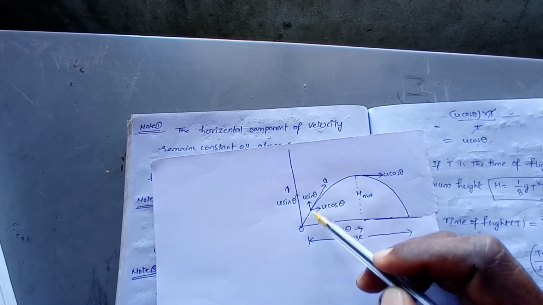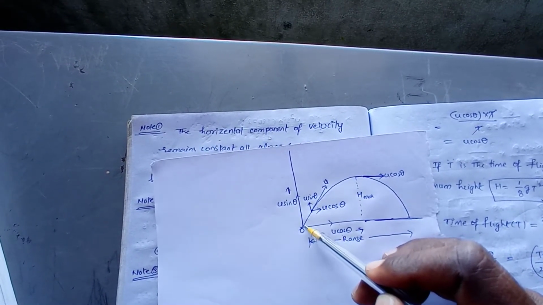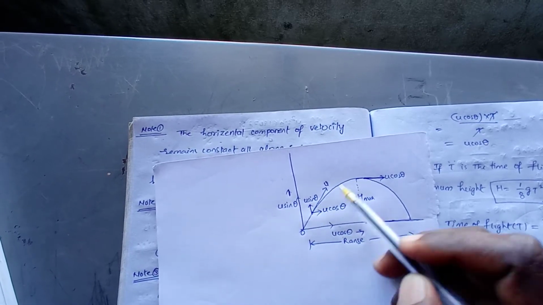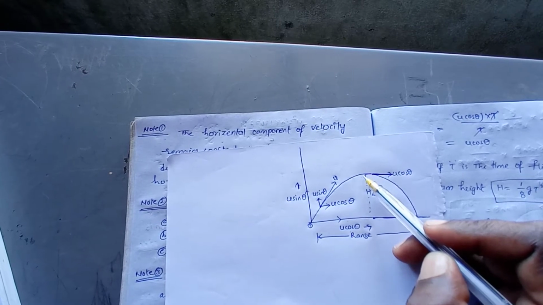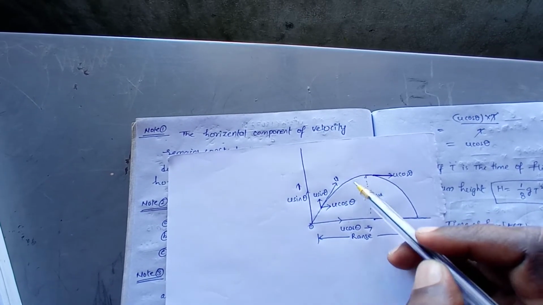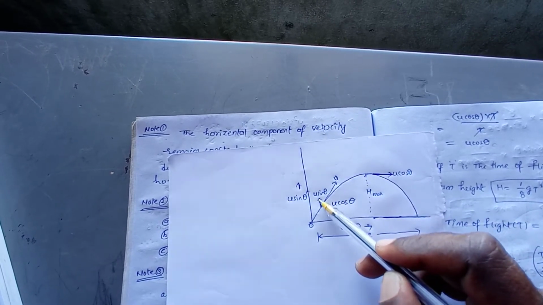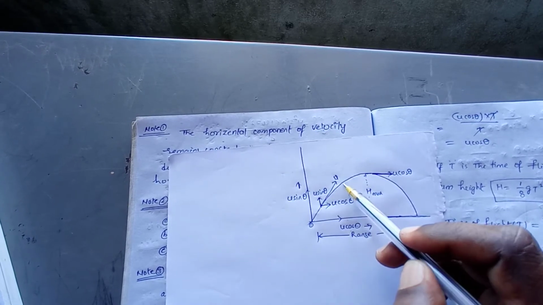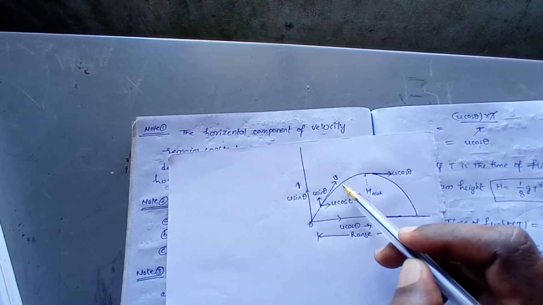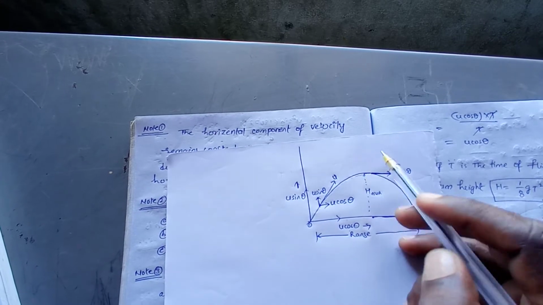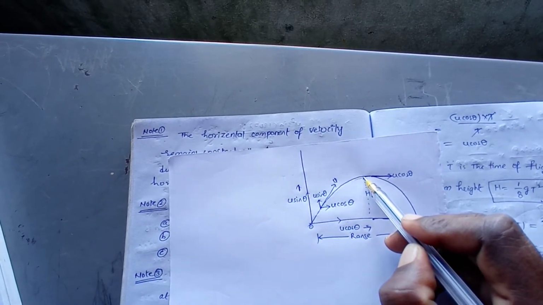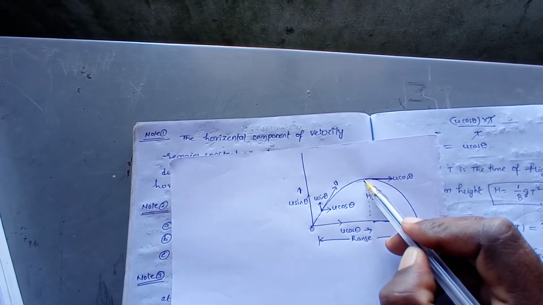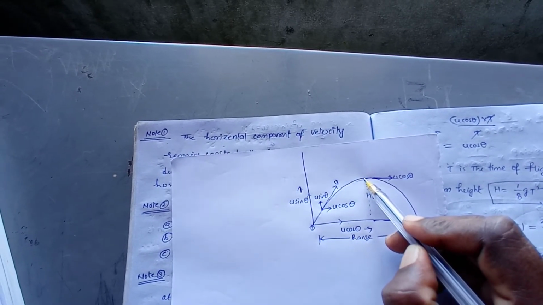Time of ascent means the time taken by the body to reach maximum height from the initial point. So in this time of ascent, the vertical component of velocity, u sin theta, goes on decreasing up to the maximum height. At this maximum height it becomes zero. Vertical component of velocity becomes zero at maximum height.